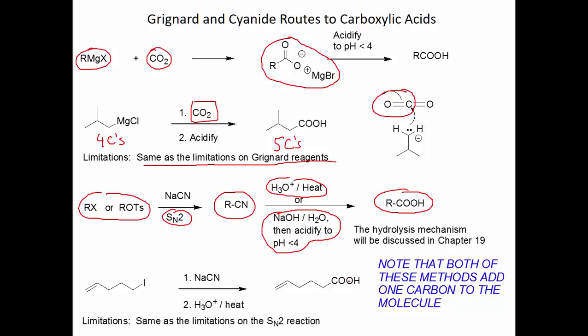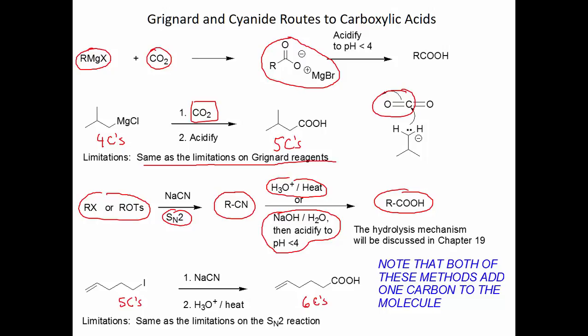All right, so if we take this species here, notice that it has 5 carbons. We're going to carry it through the cyanide followed by hydrolysis. We get a carboxylic acid that has 6 carbons. Our limitation here is the limitation of the SN2 reaction.